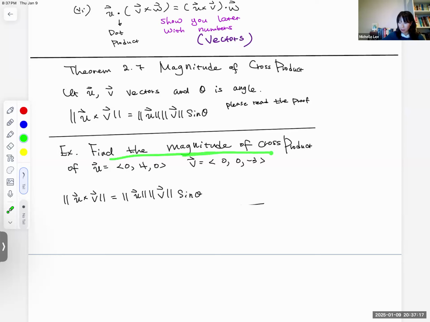Okay, now we have an example. Find the magnitude of the cross product of two vectors. Now we are using that formula. Magnitude of cross product, right? Now we get just 4 squared, right?